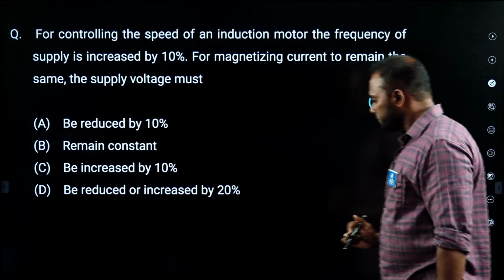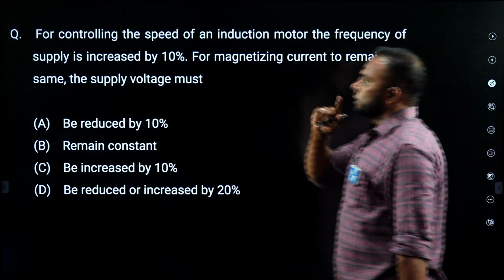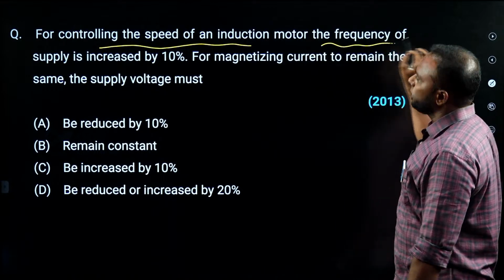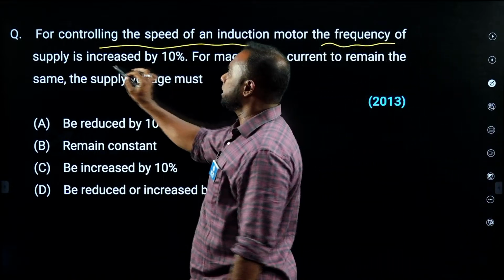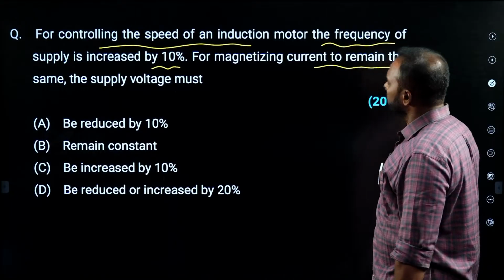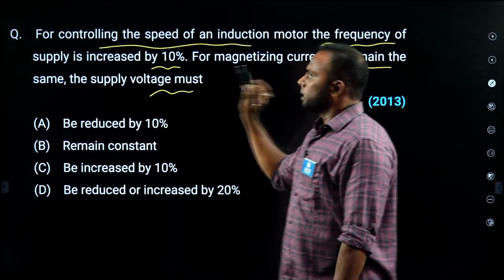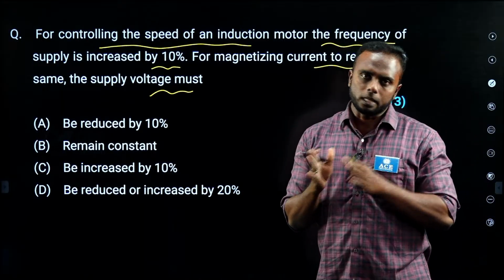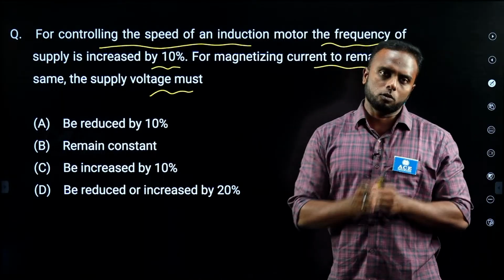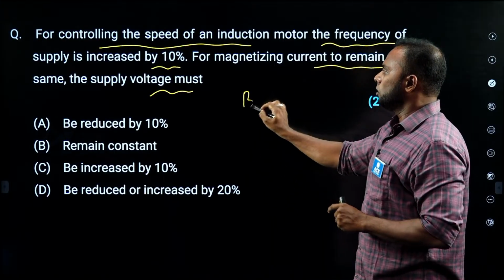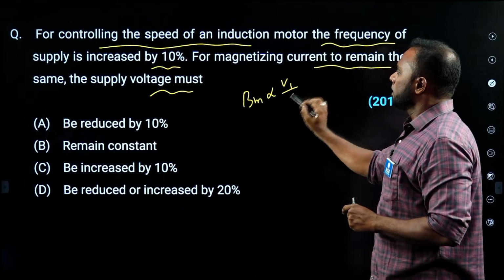Next question. For controlling the speed of an induction motor, the frequency of supply is increased by 10%, and for the magnetizing current to remain the same, the supply voltage must be dash. Whatever concepts we know from the transformer are almost the same for the induction motor also, like the flux density relation, which is proportional to the voltage to frequency ratio.